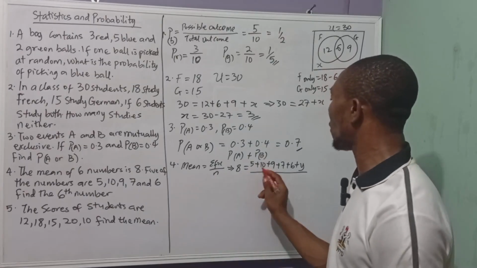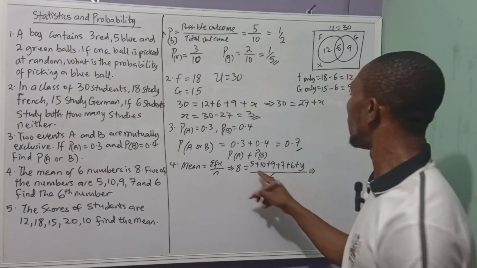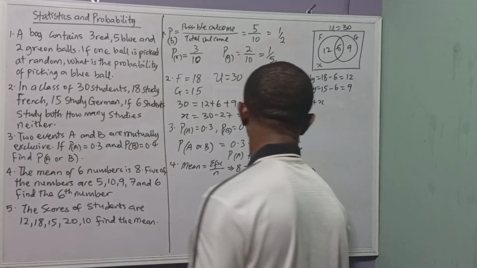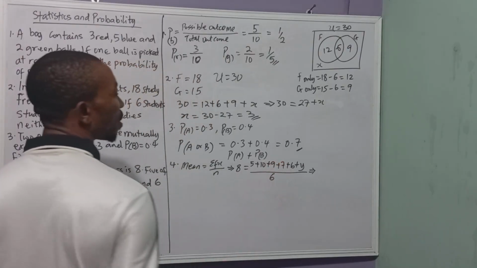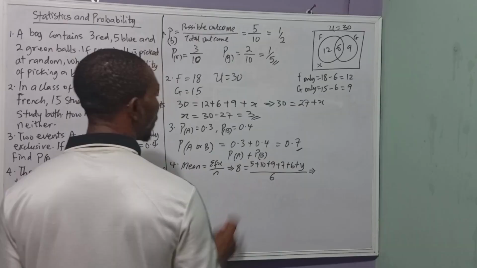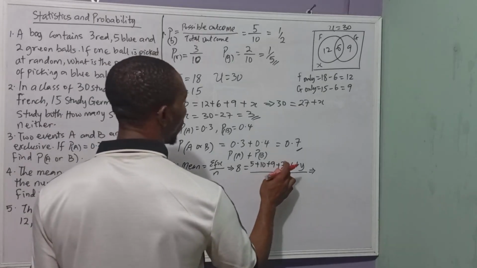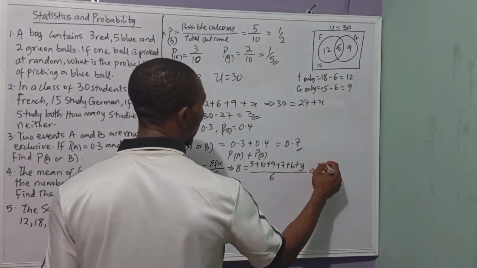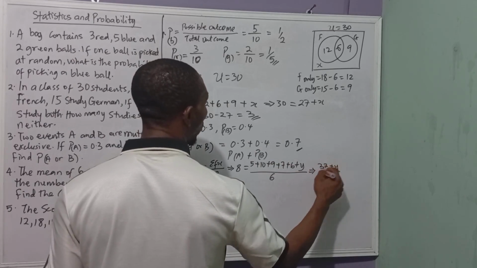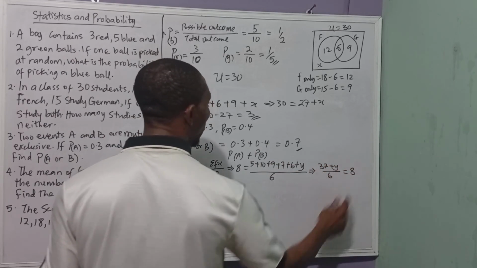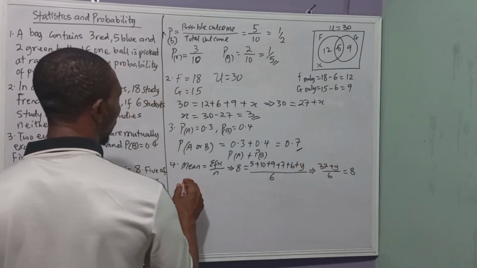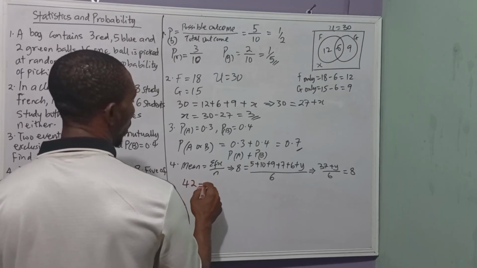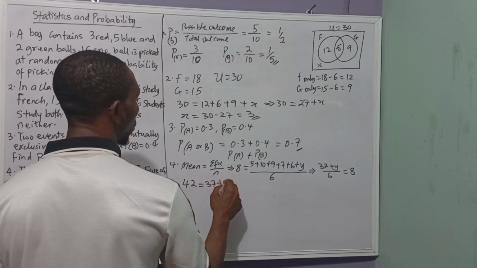Now 5 plus 10 is 15, and 9 plus 6 is 15. 15 plus 15 is 30, plus 7 is 37, plus y, over 6 equals 8. So cross multiplying, 6 times 8 gives us 48 equals 37 plus y.